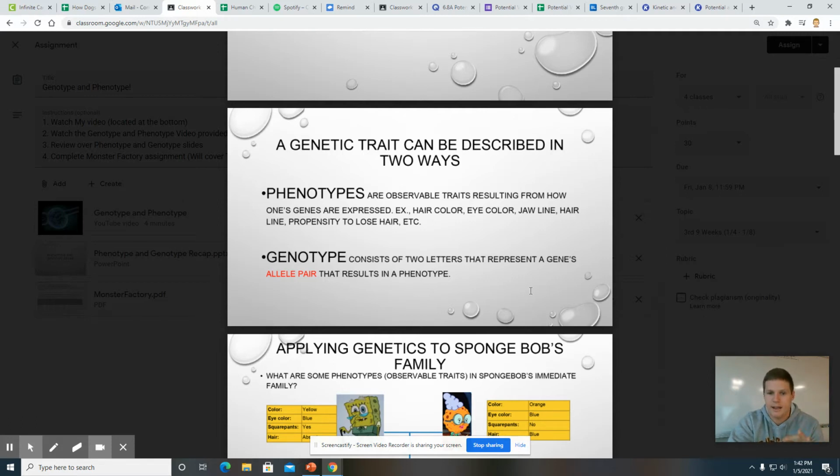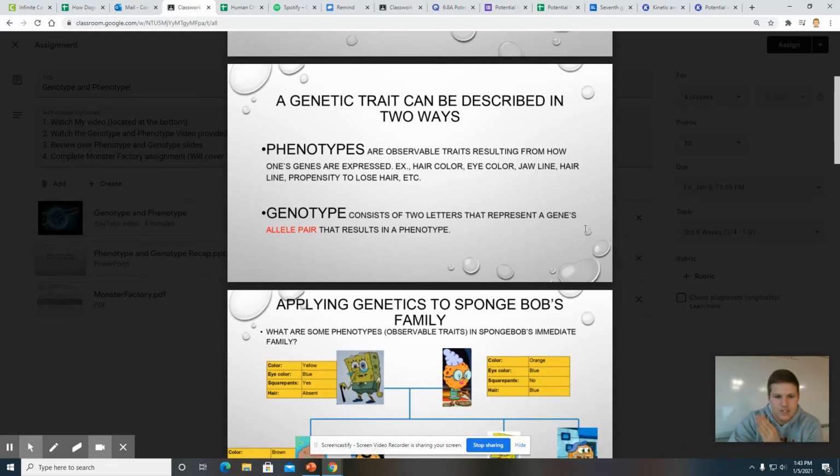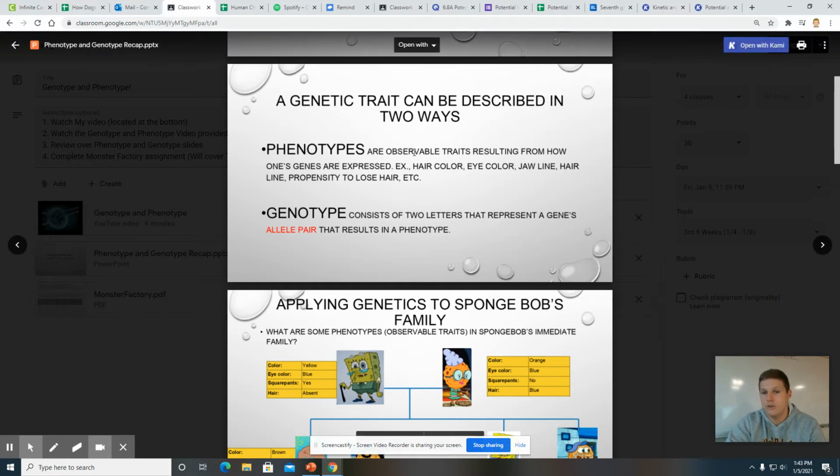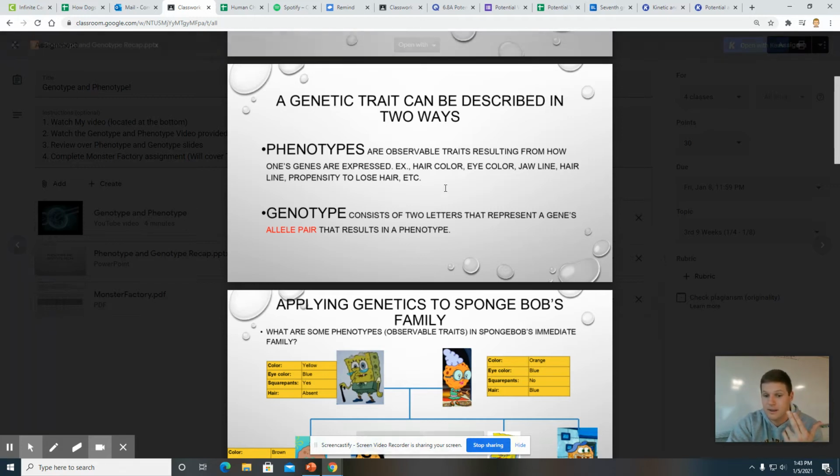Now, a genotype is the 2 letters that represent the gene's allele pair, or the 2 different possibilities that result in the phenotype. So it's what your genes actually tell you, and this is what you actually see. Genotype, think of it as the letters that represent. Phenotype, think of it as what you actually see.